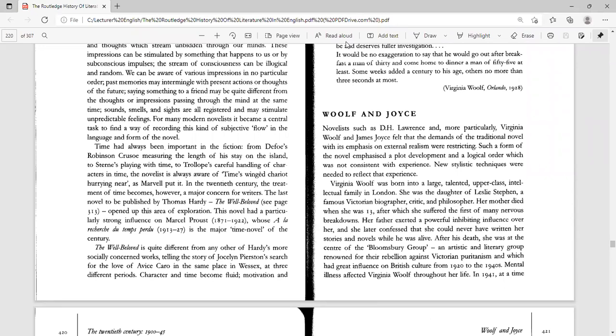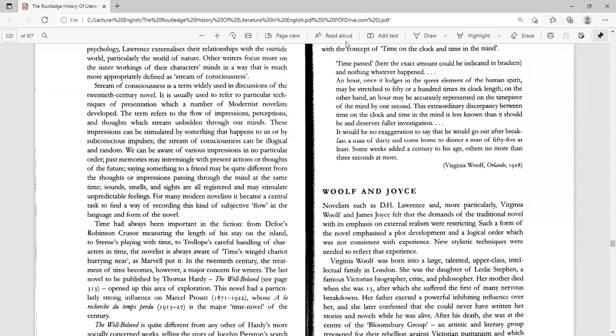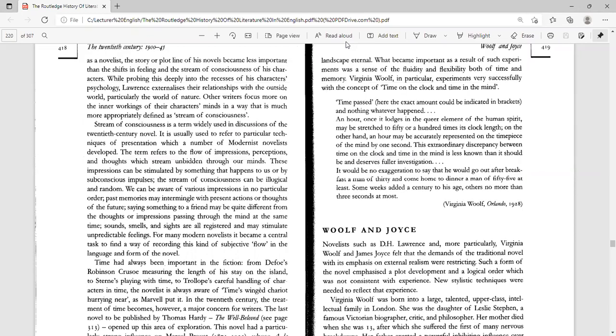She wanted a novel that could capture characters' minds and characters' feelings. Virginia Woolf experiments very successfully with the concept of time on the clock and time in the mind.